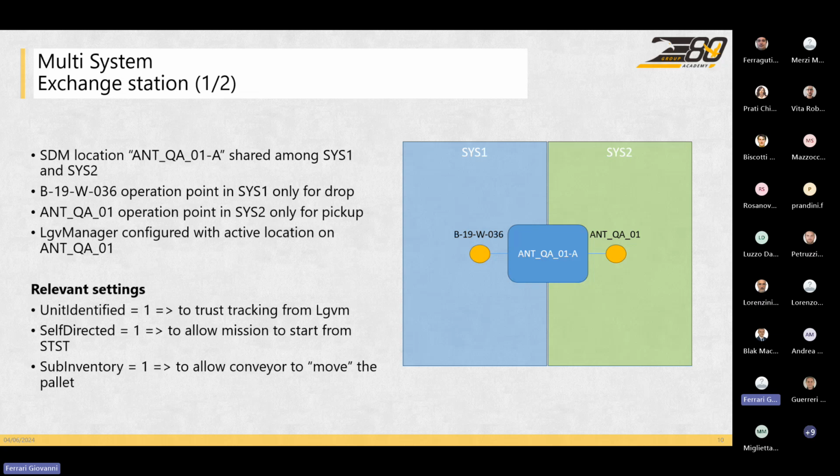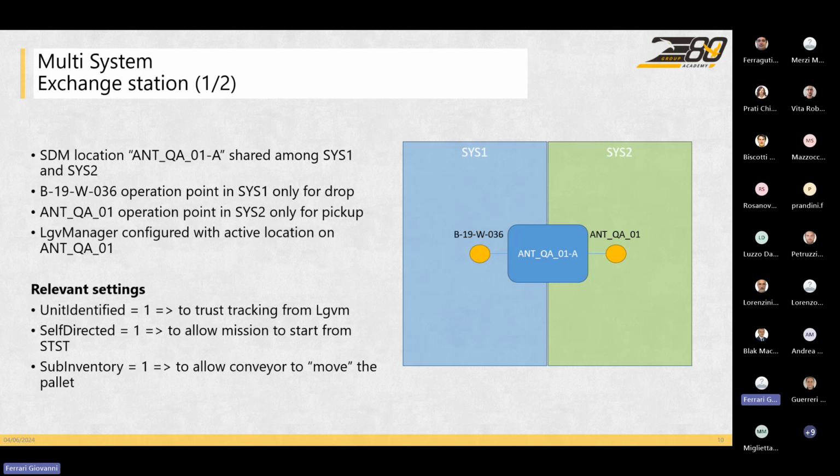One important thing in this example is to always remember that this station needs to be physically isolated among the two systems. In this case, we cannot have a location where an LGV from system 1 simply drops and then an LGV from system 2 simply picks, for example, at the ground.